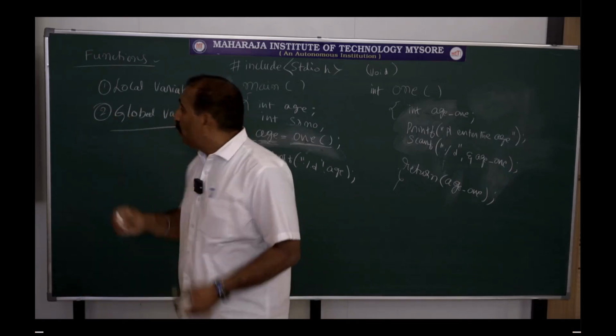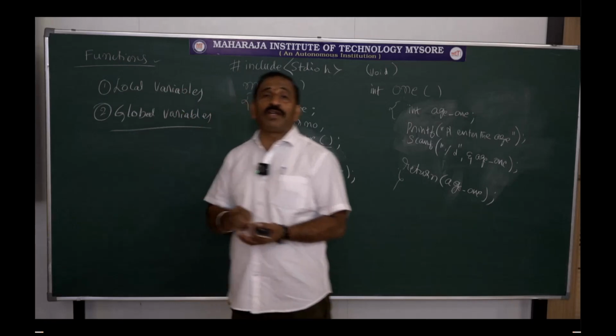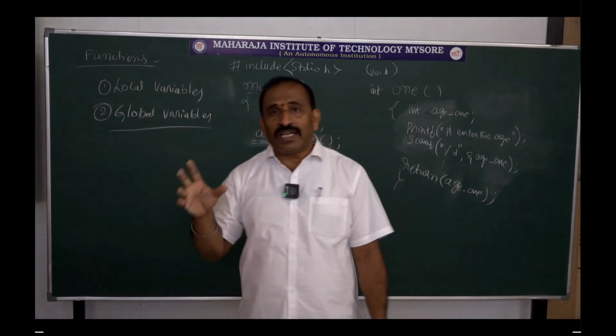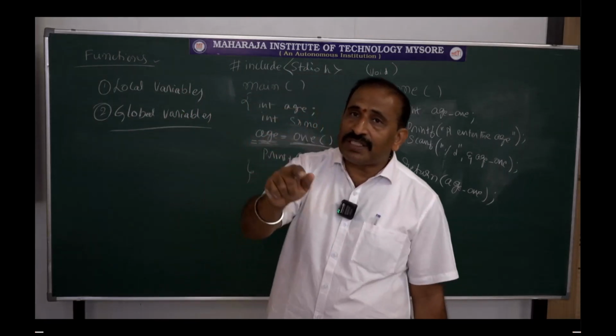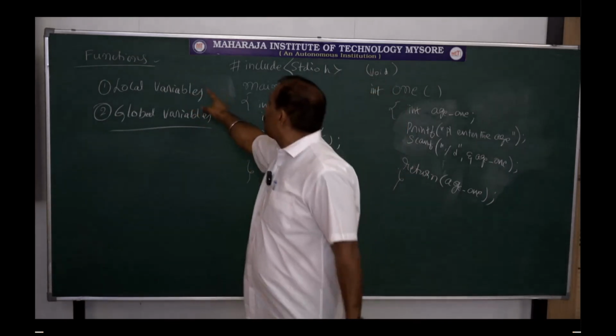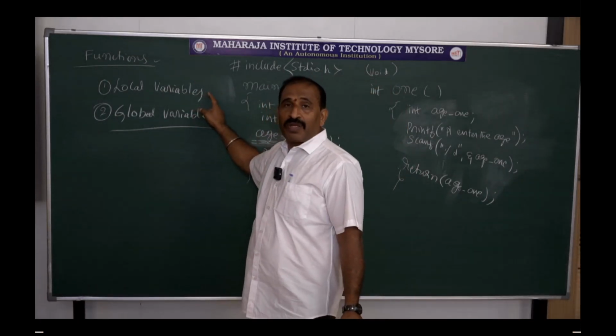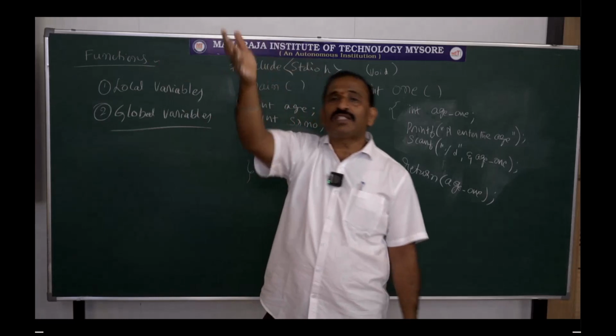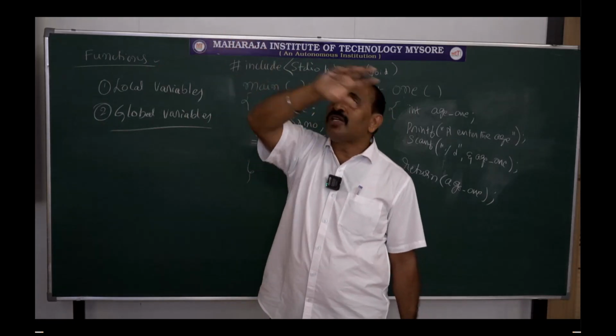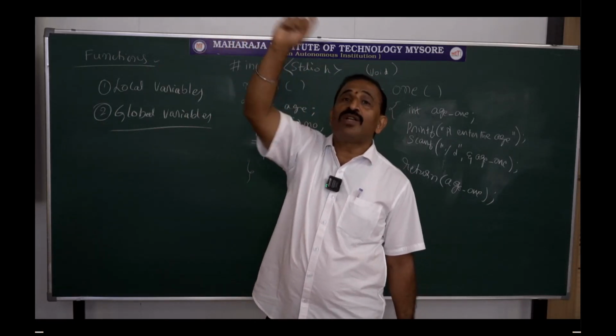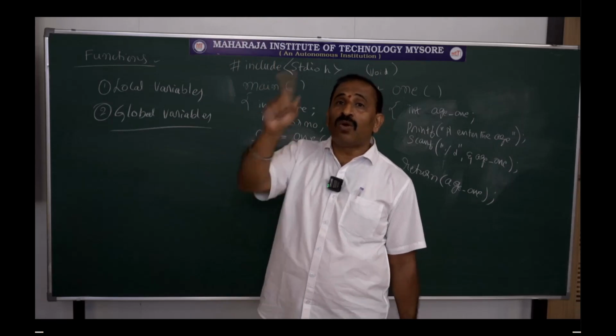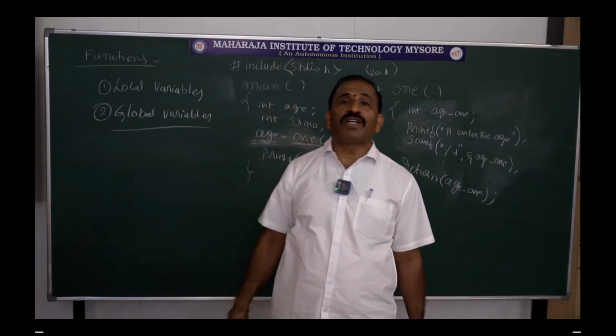So like that, you have global variables and local variables. The variables which are declared well within the function are called local variables. Please understand this. So far, in the functions and programs we have written, they are all local variables, local only to that particular function.